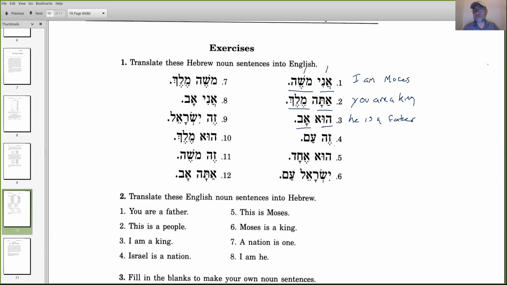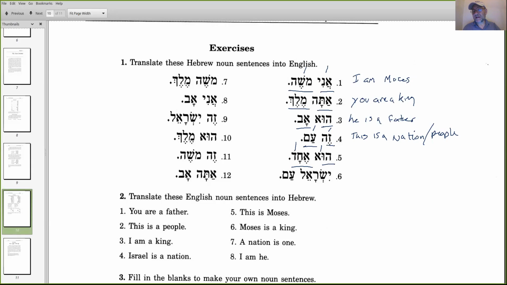Okay, number 4, Ze, this nation. So this is a nation, or people, either one. Okay, how about this? Hu echad. So Hu means he, and echad means one or compound unity.